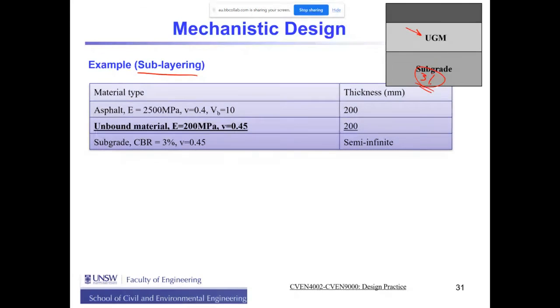But anyway, we consider 3% for the subgrade. Then we are going to use unbound material with the Young modulus of 200. And at the top, we are going to consider an asphaltic layer with the Young modulus of 2,500 MPa. We want to know what should be the Young modulus for the unbound granular material.